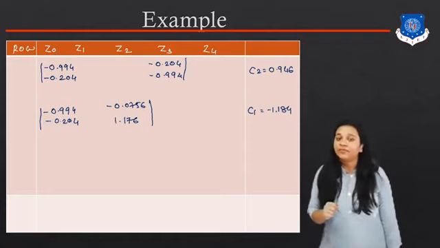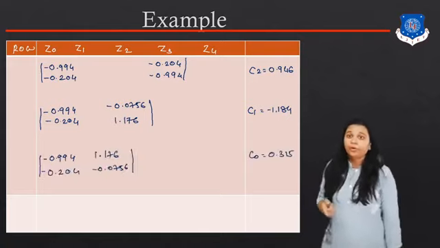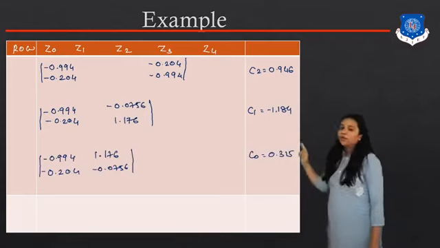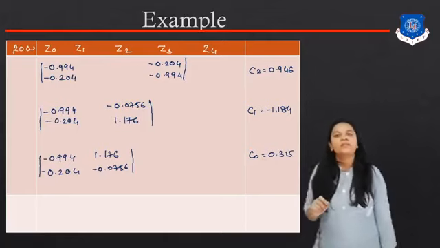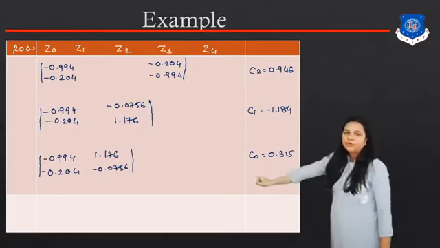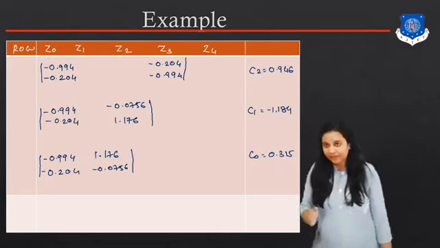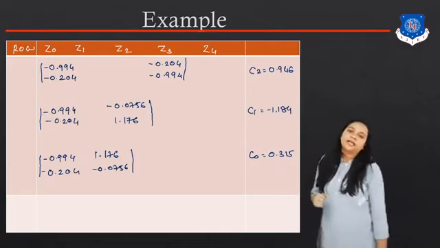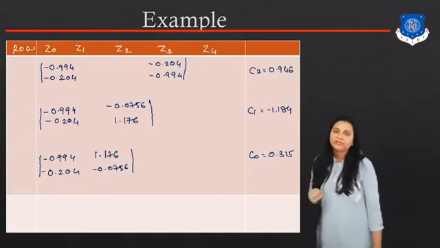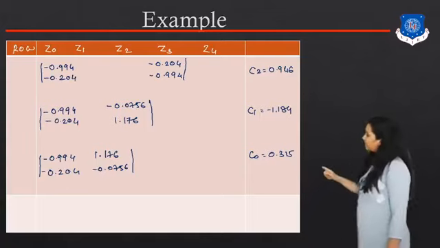And the last step is to find C0. The matrix of C0 is -0.994, 1.176 and in the lower side -0.204 and -0.0756. So using this matrix we find the value of C0.